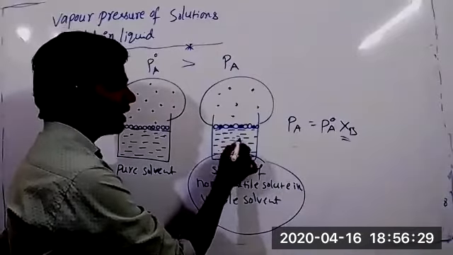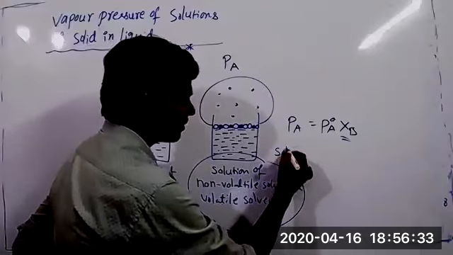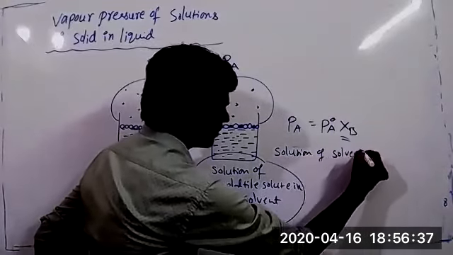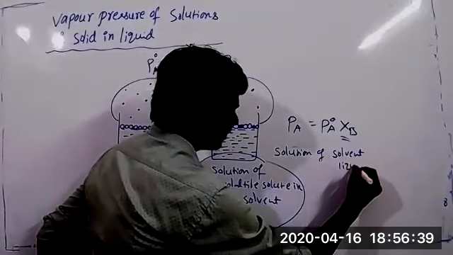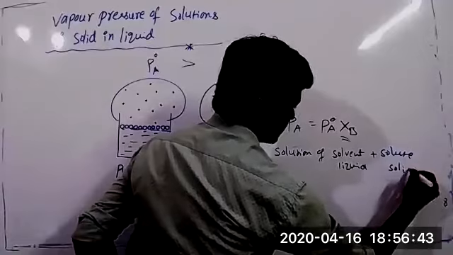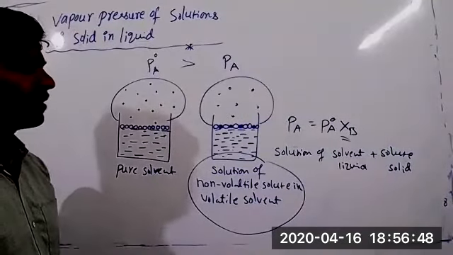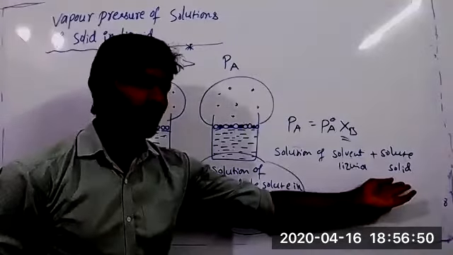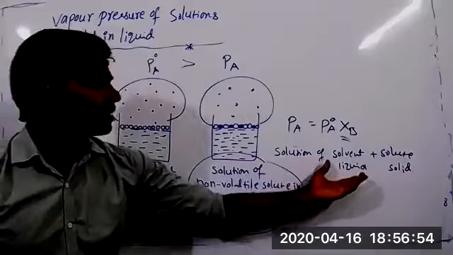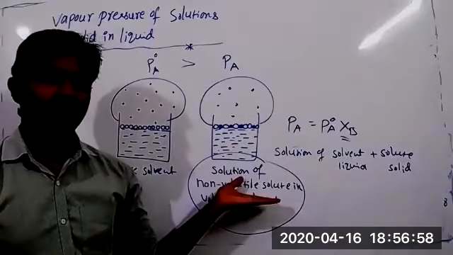Here, this is a solution where the solvent is liquid and the solute is solid. If the solid component is higher and the solvent component is lower, its vapor pressure must be affected.